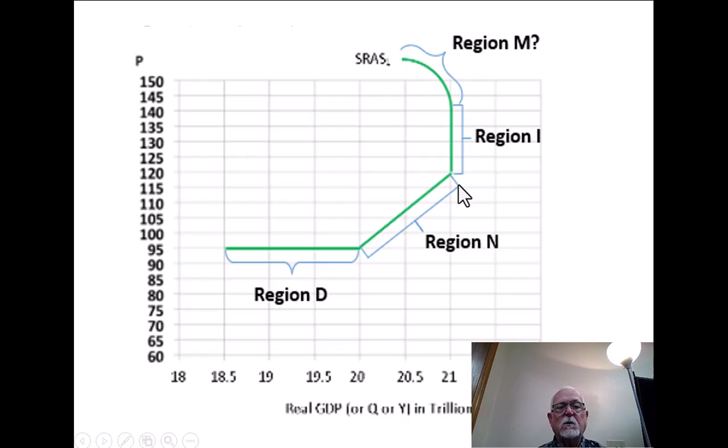Now, at some point, in the short run, notice this is short run, we're going to hit a barrier where we can absolutely domestically not produce anymore stuff. Everybody's working that wants to work. As a matter of fact, maybe they're working overtime, 12-hour shifts 7 days a week. And so all that can happen is if aggregate demand increases, prices will accelerate, they'll go up.